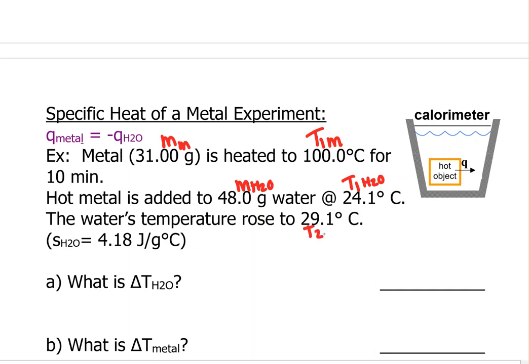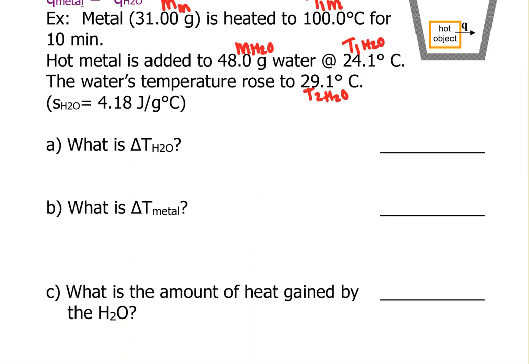This is T2 for the water. Okay, let's see what we can do. So delta T, it's going to be T2 minus T1, both for the water, of course. And so T2 is 29.1 minus T1.